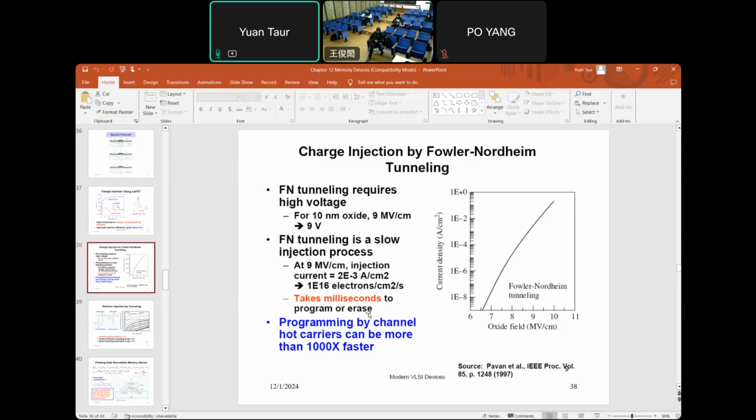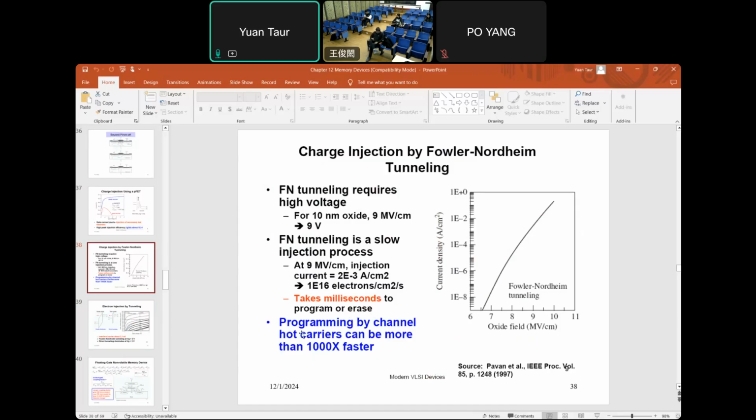so it takes milliseconds to program a release. So even with this high voltage, it still takes a long time, a millisecond, compared with the nanosecond switching speed. That's why the flash or the non-volatile RAM cannot be used in computation, because it takes too much time to program or erase a memory bit.